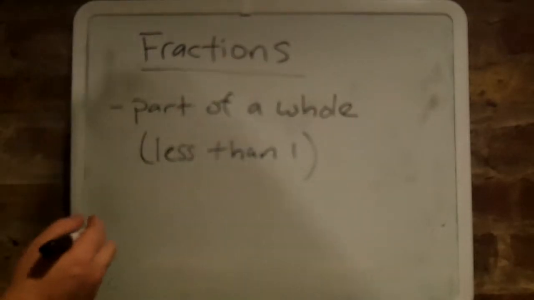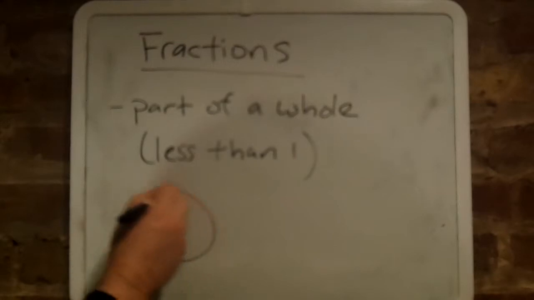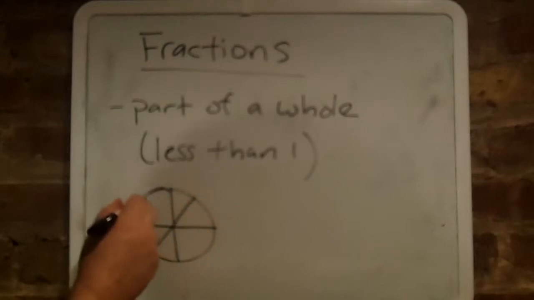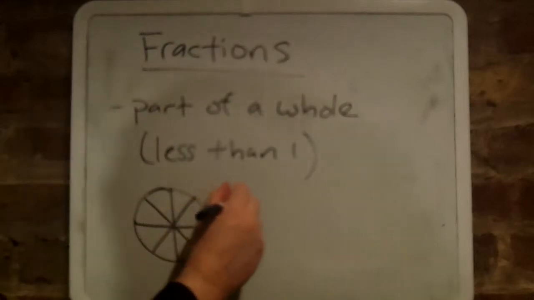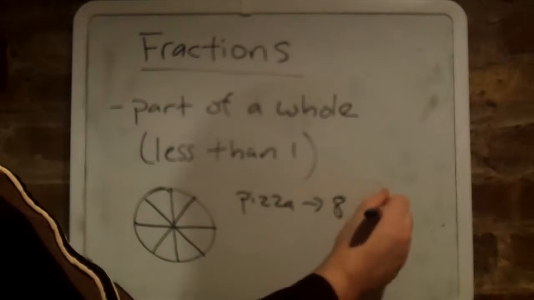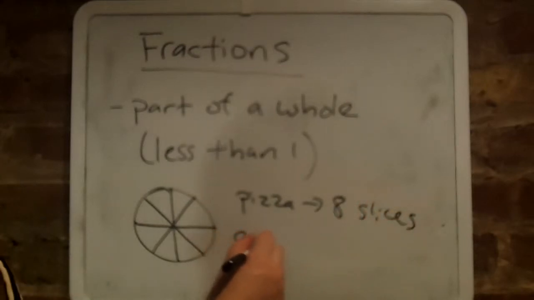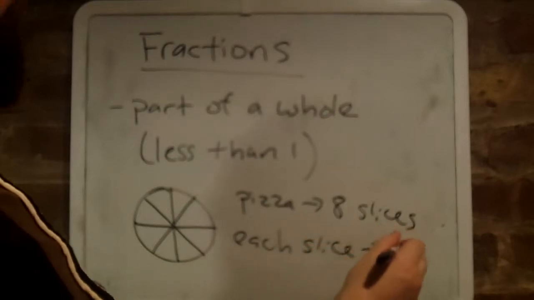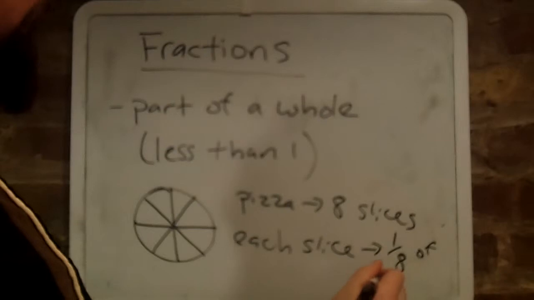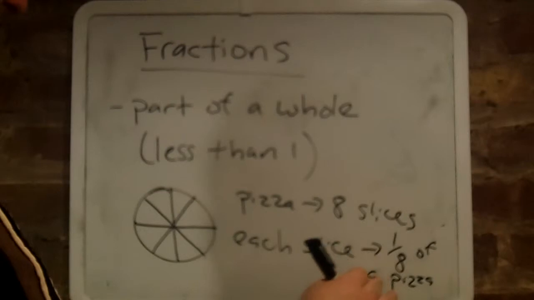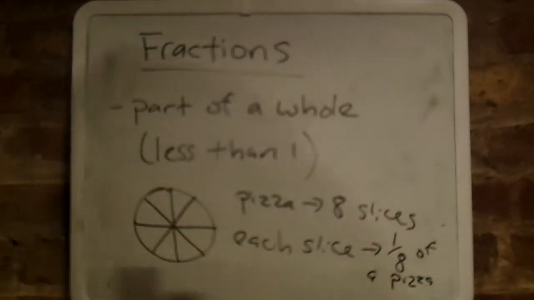So a classic example of this is if you have a pizza and you divide it into 8 equal slices. Each slice will be 1/8 of the pizza. So we're only talking about one pizza here.